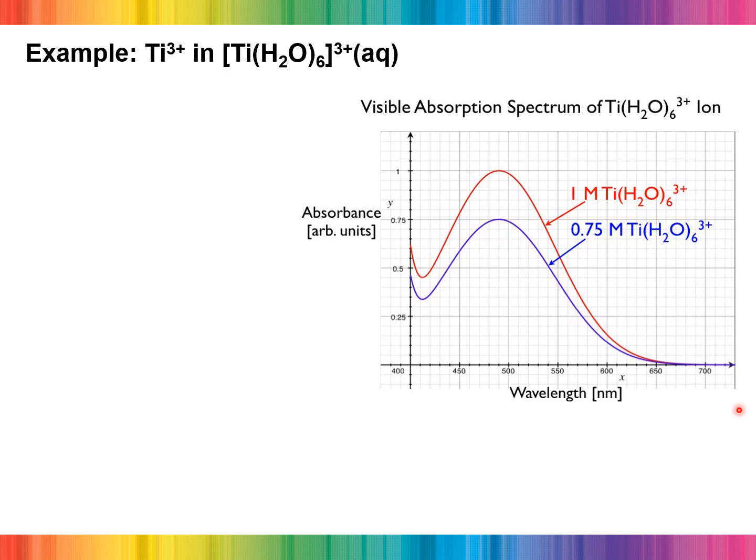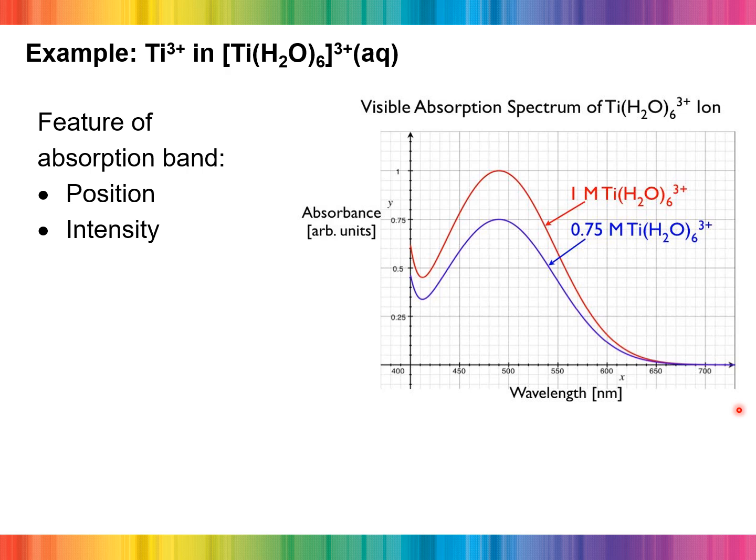First of all, the feature of the absorbance band is its positioning: where it is positioned along the wavelength axis, which corresponds to the color of light that has been absorbed. And the intensity, which is the peak, like this.